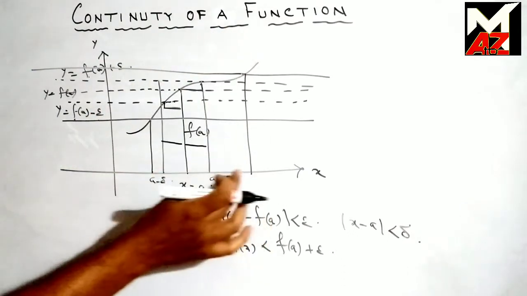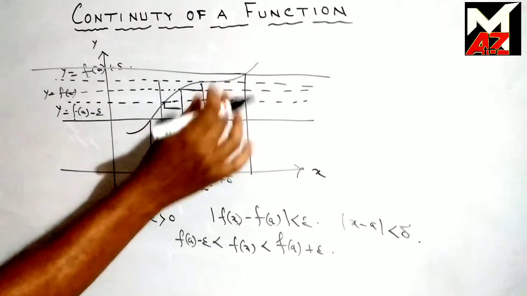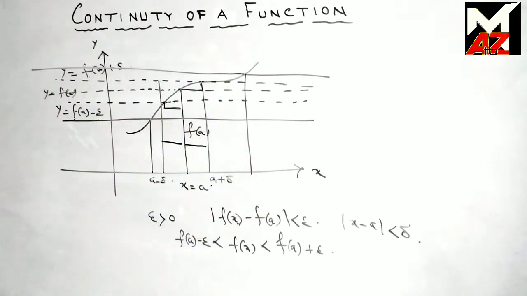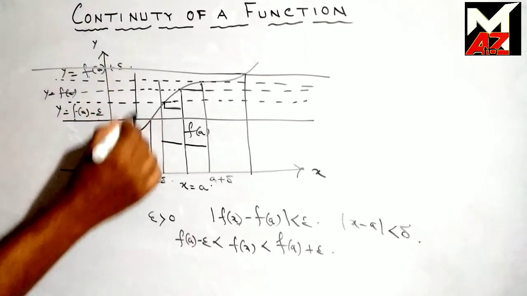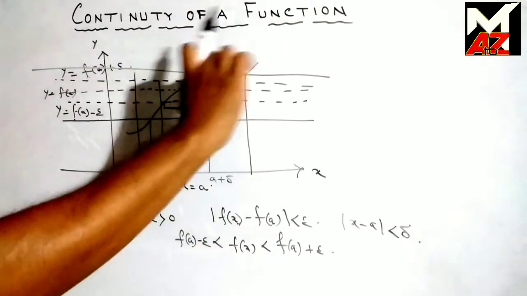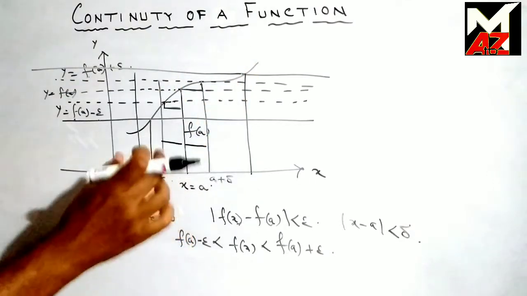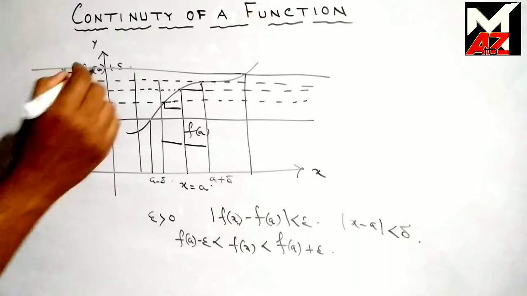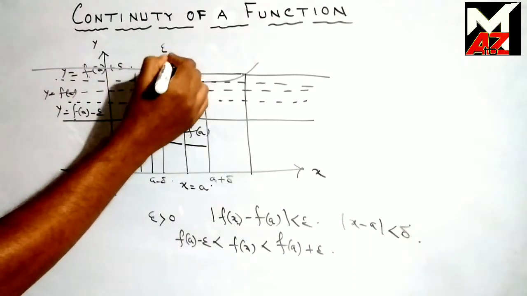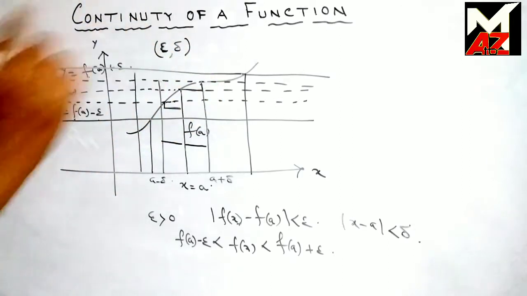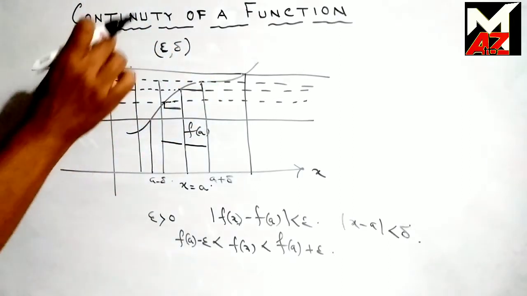So if we take epsilon large, then we get delta also large. So we say that epsilon and delta are dependent. These two quantities are not independent, they must depend on each other.